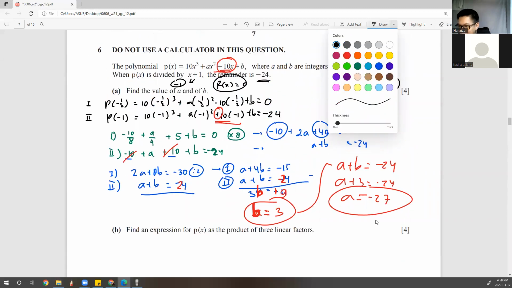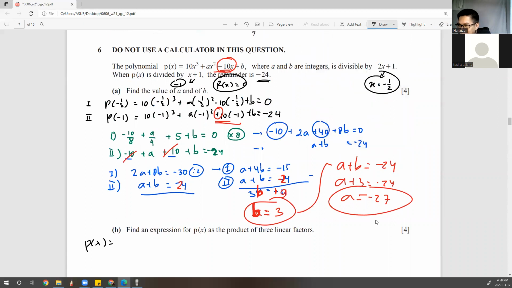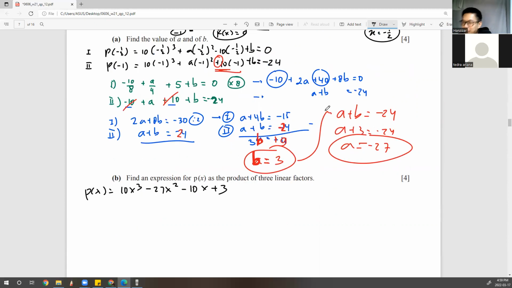So the px will equal 10x cubed minus 27x squared. Okay, when I'm going fast, I will be less concentrated. Plus 3, right? And then one of the factors is 2x plus 1 already because it is divisible. So px is 2x plus 1 multiplied by the other factor that consists of this. So you have to divide this by this, right? So 10x cubed minus 27x squared minus 10x plus 3. You divide by 2x plus 1.